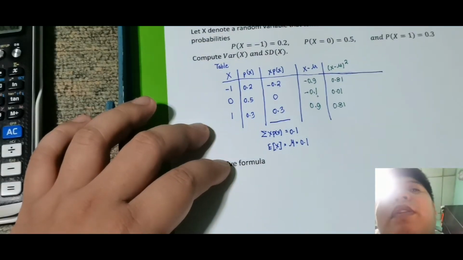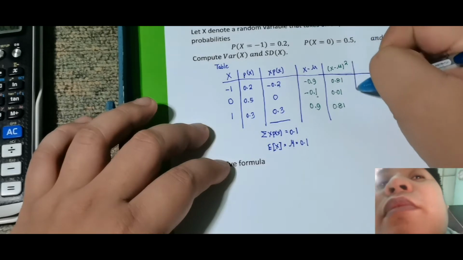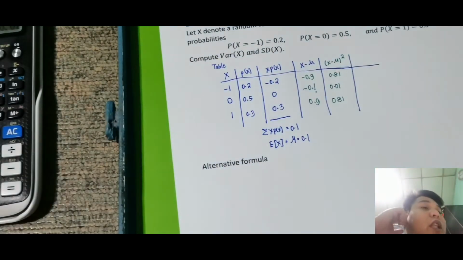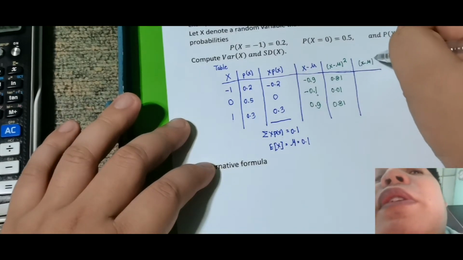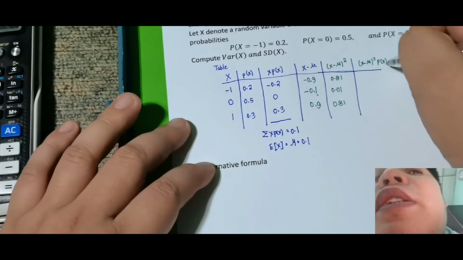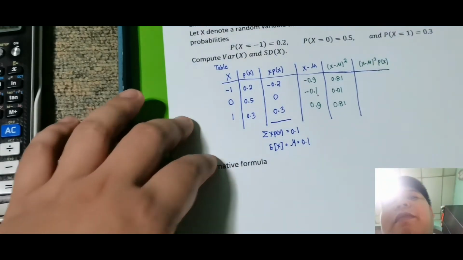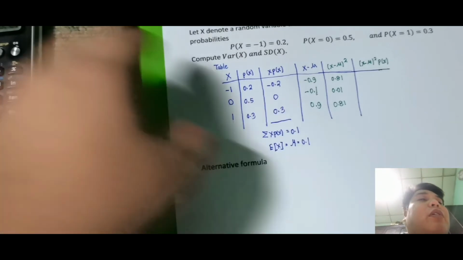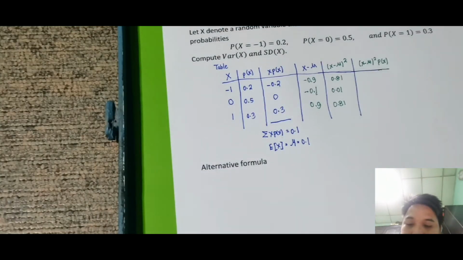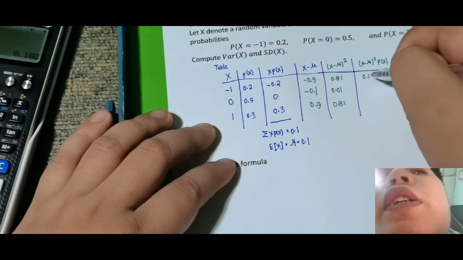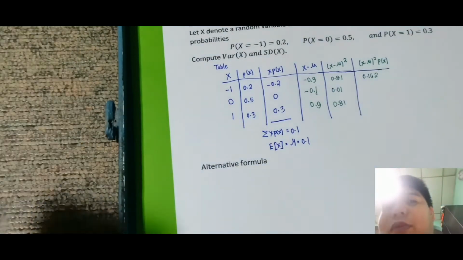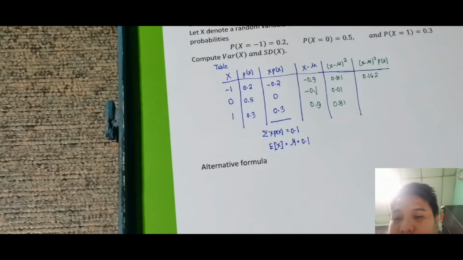So next natin, syempre, is x minus mu square times p of x. Itong 0.81, multiply ko sa p of x. So we have 0.81 times 0.2, that is 0.162. Next is 0.01 times 0.5.